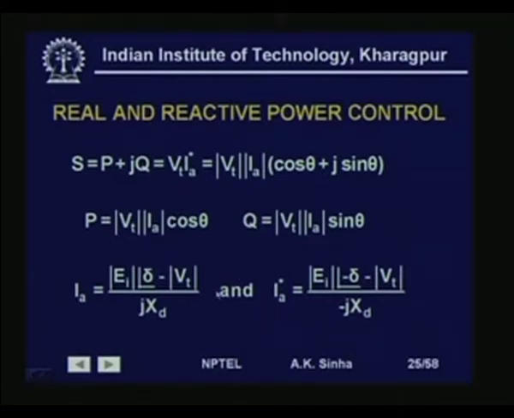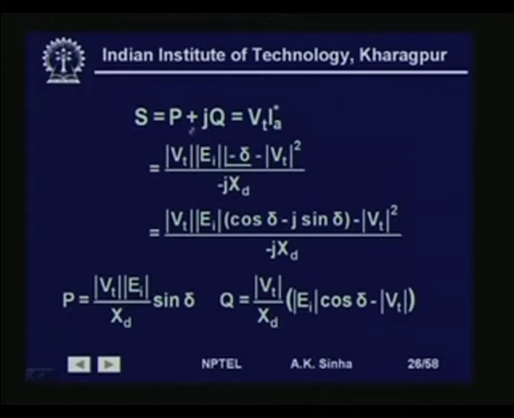And if we take the conjugate of I A, then it is (E I angle minus delta, the conjugate we are taking, minus V T, since its angle is taken as 0, so there is no conjugate for that) divided by minus j X T. So, now if we substitute into V T into I A conjugate, then we are going to get this relationship, and if we substitute for all this delta angle here, then we get finally P is equal to V T into E I by X T into sin delta, and Q is equal to V T by X T into (E I cos delta minus V T).